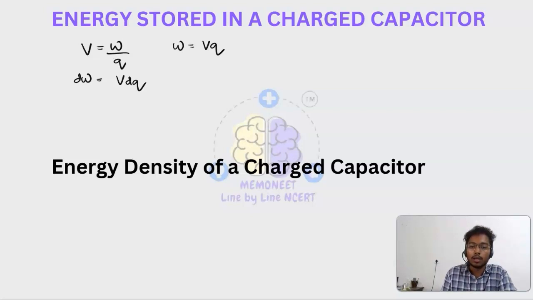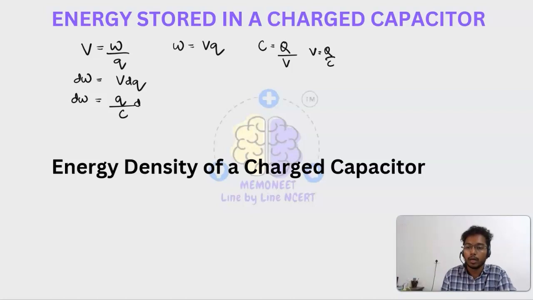We know that capacitance C is equal to Q upon V, so V is equal to Q upon C. So dW is Q upon C dQ. If we integrate this, the work done W will be equal to Q square upon 2C. So this is the work done for the capacitor.